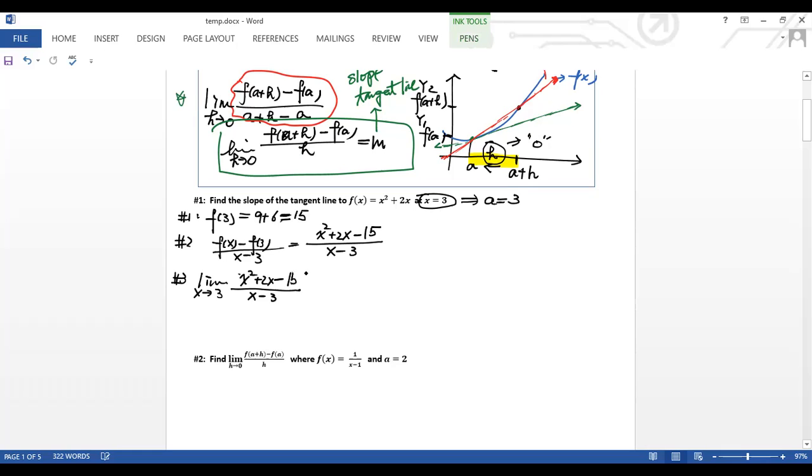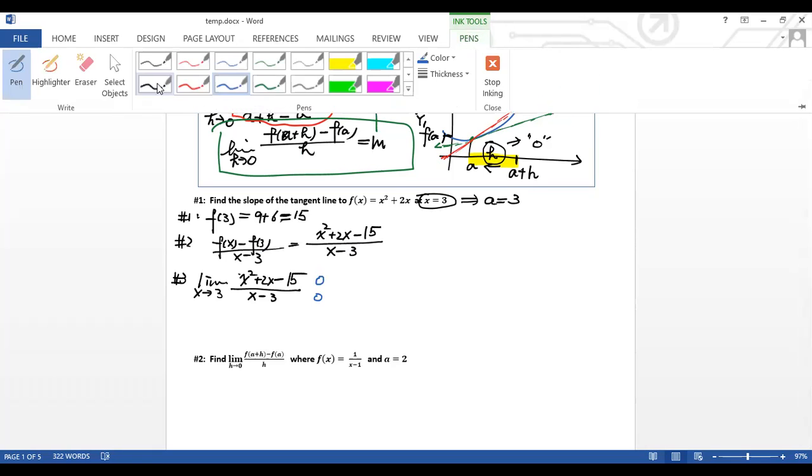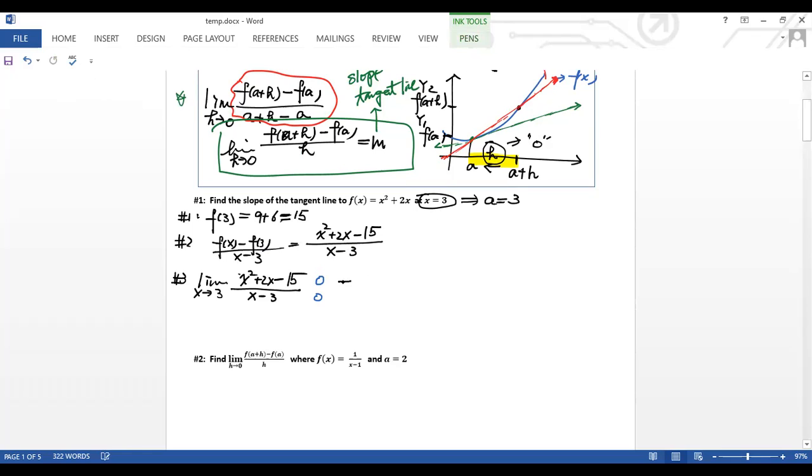So minus 15. If you put the 3 in the top and the bottom, you will get 0 over 0. We dealt with this type of problem when we did limits. So we say, okay, we cannot do this one. What do we need to do here? Let's take a look. Will we be able to factor or not?